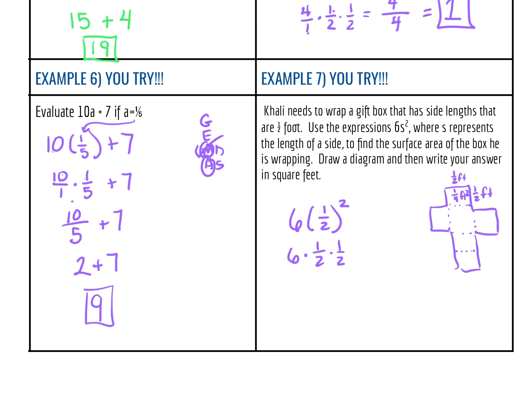And 1/2 times 1/2 is 1/4 times 6. I'm going to go ahead and make that 6 over 1. And then you get 6/4, which is equal to 1 2/4, which is equal to 1 1/2 feet squared. All right, go ahead and do your check for your understanding.